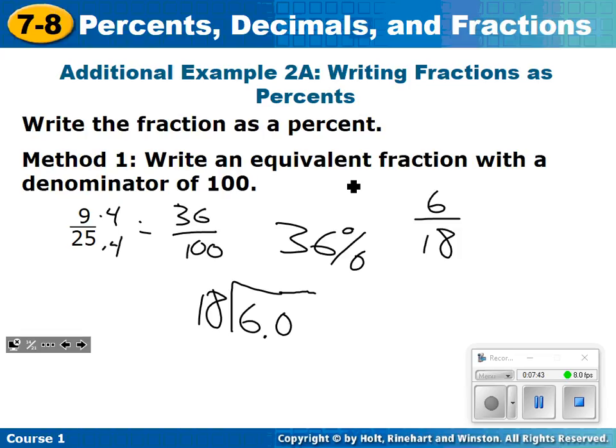Not 5, 3. 3 times 8 is 24, and a 2, there's a 5 there. Okay. Uh-oh. What's going to happen?